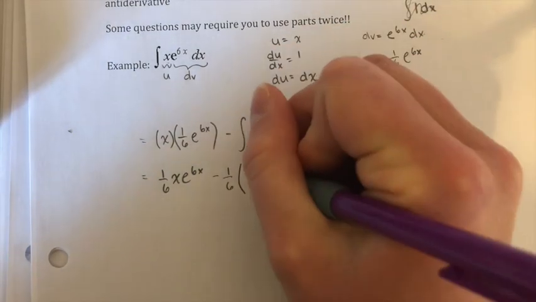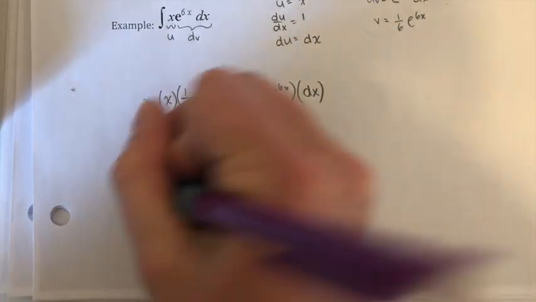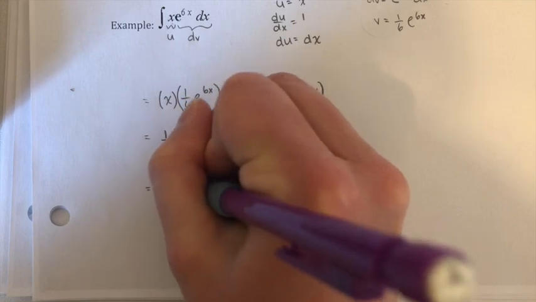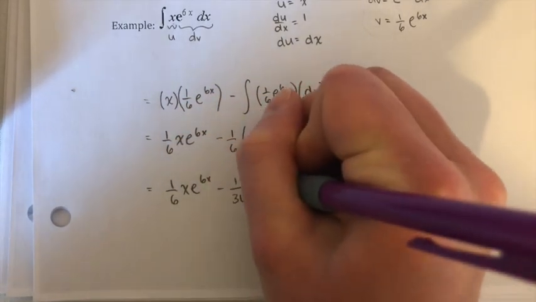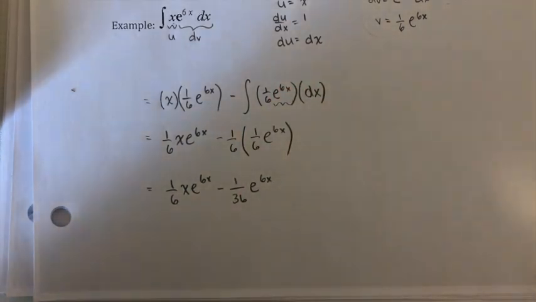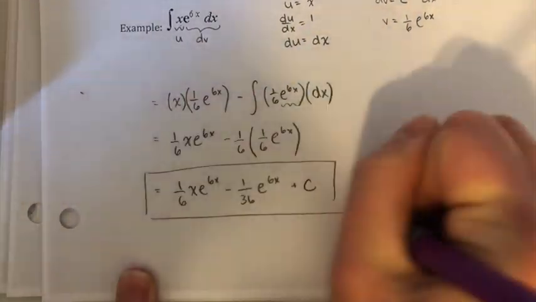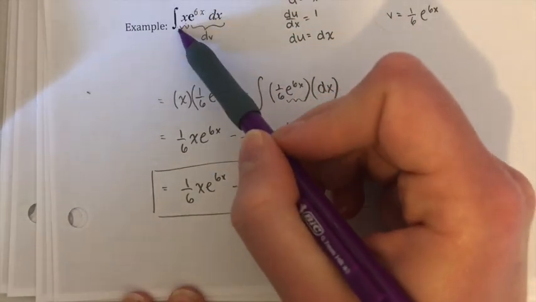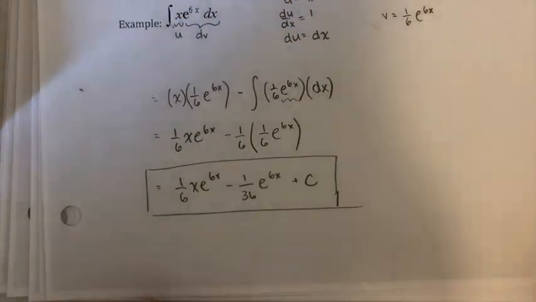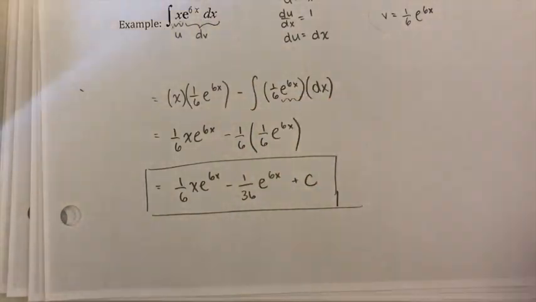So that's 1/6 e to the 6x again. So we can simplify this. We could factor out an e to the 6x if we wanted, but this looks pretty okay. And then anytime we're doing an integral, remember that we have to add that constant on if it's an indefinite integral. There's no boundaries, right? It's not a specific area. We're looking for a family of functions that satisfy this.